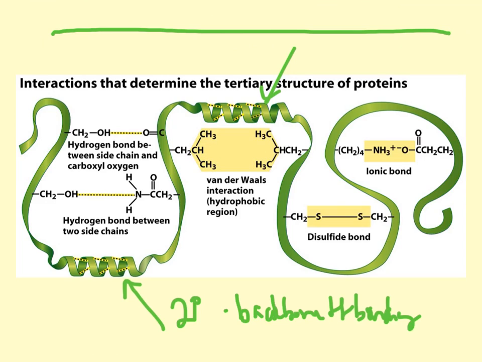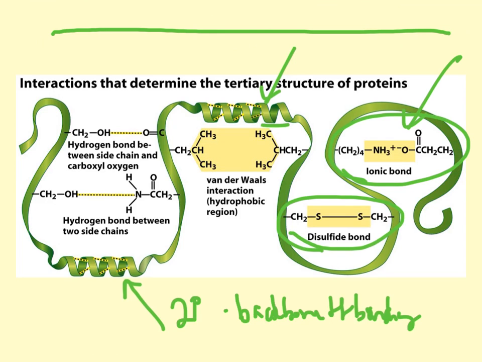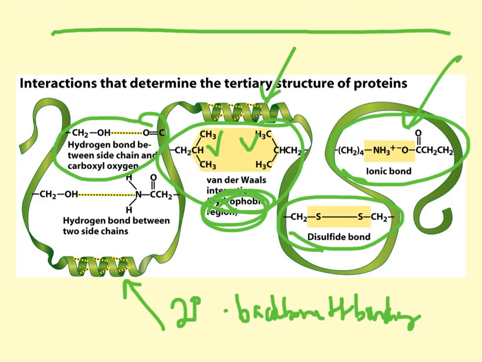Then you see some tertiary structure due to disulfide bonds, as well as an ionic bond, and van der Waals forces that have to do with hydrophobic amino acids. This one is valine and this one is valine. So you have 2 valines which are both hydrophobic, so they're going to want to bury themselves away from water, and they're going to be as close as they can be based on van der Waals forces.